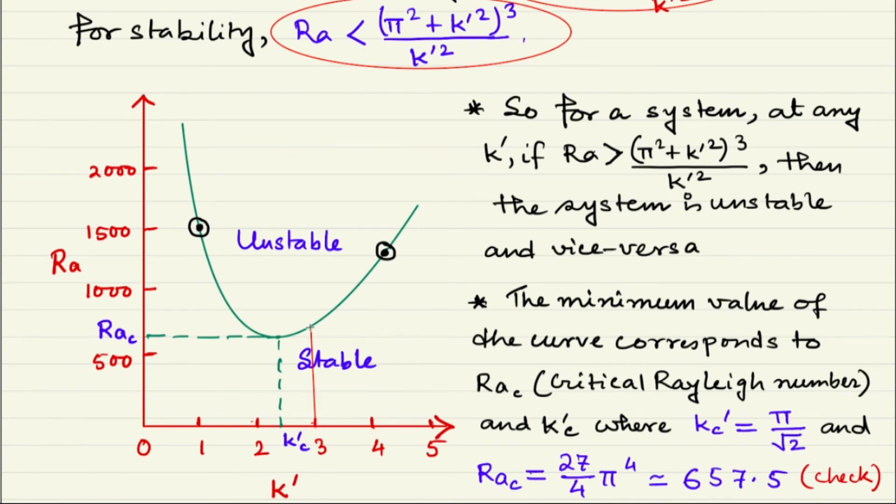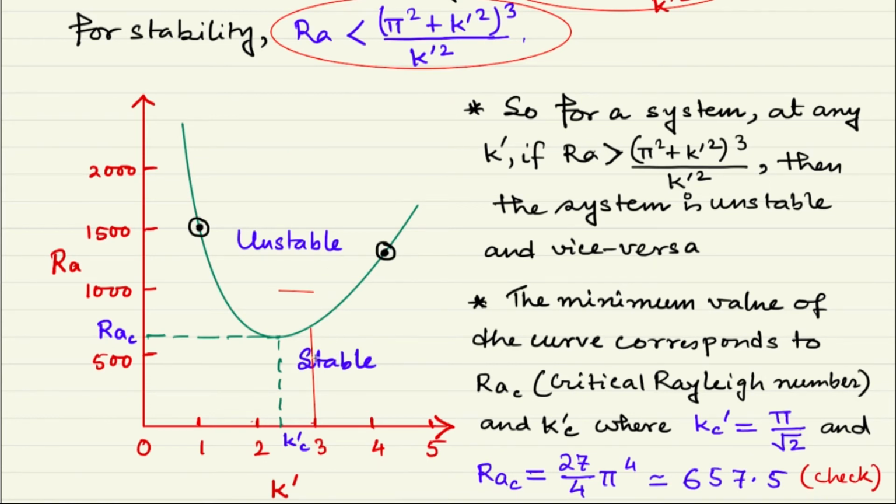The Rayleigh number corresponding to the marginal instability is here. If you have a Rayleigh number greater than this, it should get somewhere here, and it will have an instability. This is the unstable region.